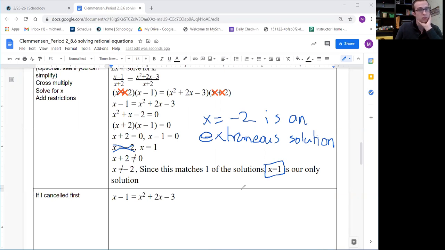Are there any questions on example 4? Hopefully you notice if I cancel first, it ends up being the same thing here. So all these steps are the same down below. But again, I'm going to repeat my question.